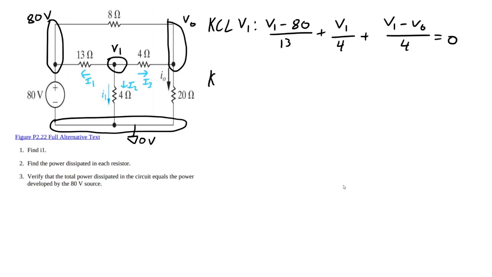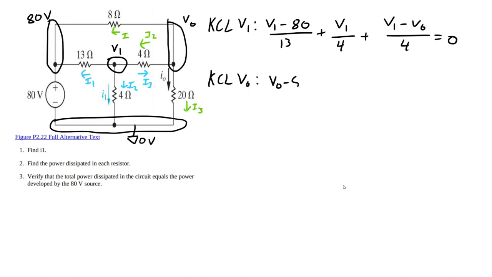I'm going to do the same thing at this node V0. So it's going to be I1, I2, I3. These are not anything other than just names I'm giving them, so you know what I'm talking about when I'm writing the equation.